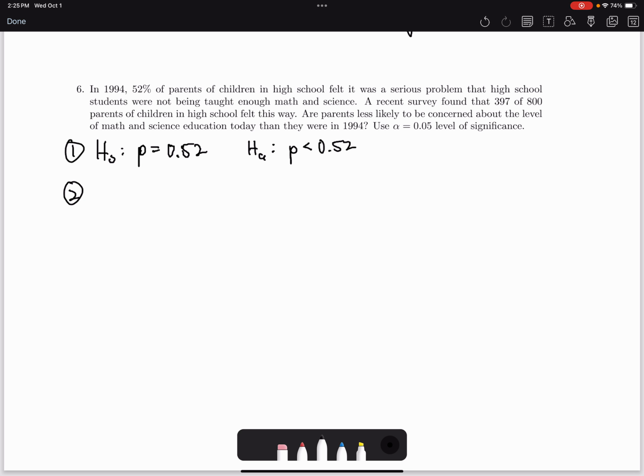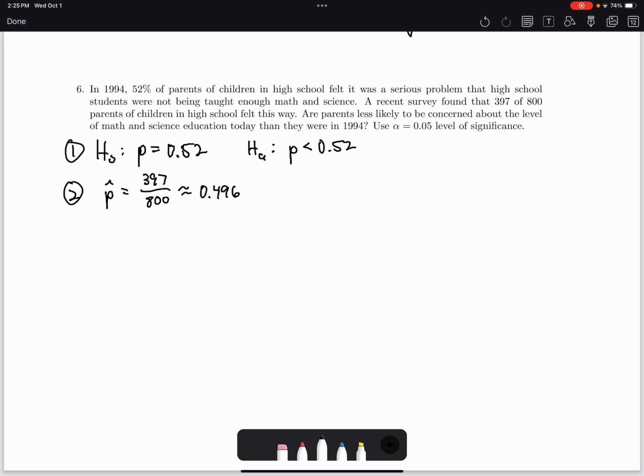Step 2 is collect the sample evidence. Well, our sample proportion was 397 out of 800, which comes out to about 0.496. So, like a 2.5% drop. Is that significant? Well, maybe, maybe not.